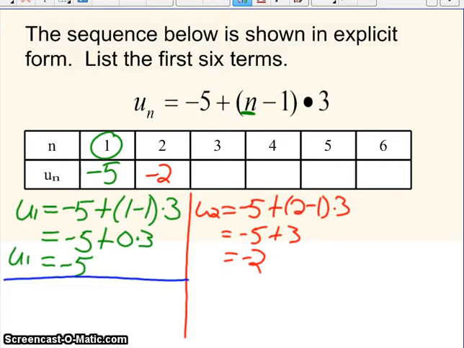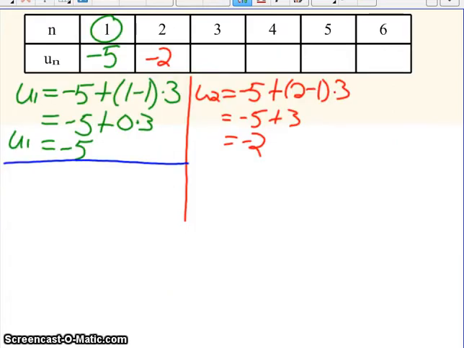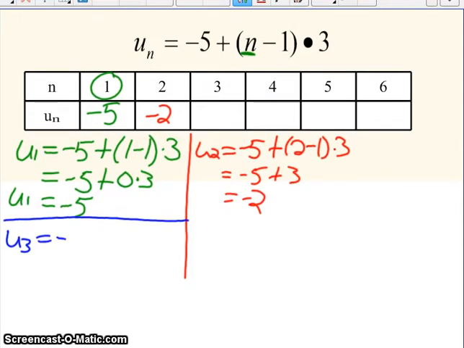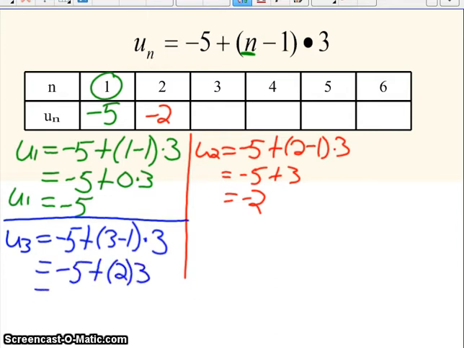To find the third term, I'm going to plug 3 into the formula. So I have -5 plus 3 minus 1 times 3, which gives me -5 plus 2 times 3, which is equal to -5 plus 6, which is equal to 1.